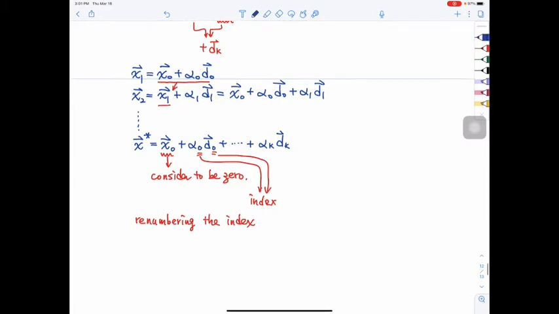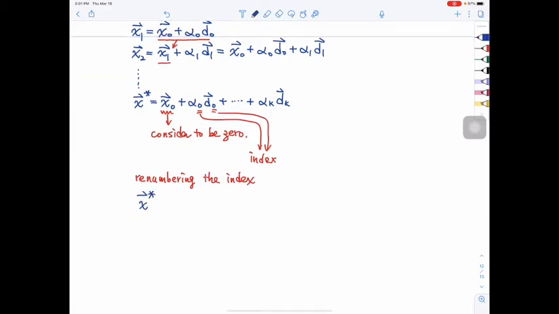So what we get at the end is alpha 1 d1 plus, and this time we say we stop at index n. Okay, just changing the symbol for k. Okay, just renumbering. Okay, so over here you can see there are n different di vectors.